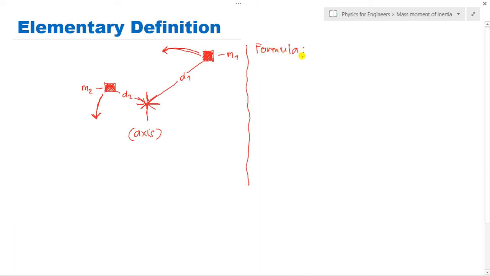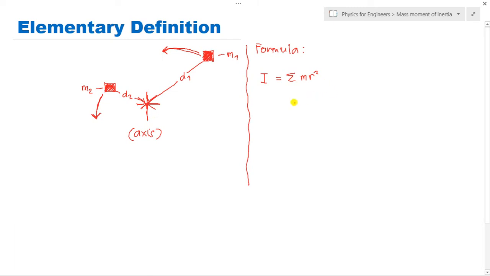Mathematically speaking, the mass moment of inertia is abbreviated by the capital letter I. If we have a mass system, it is just the summation of the product of the mass of an object times the distance, let's say r, squared, the distance of the mass with respect to our fixed axis where it is about to rotate.